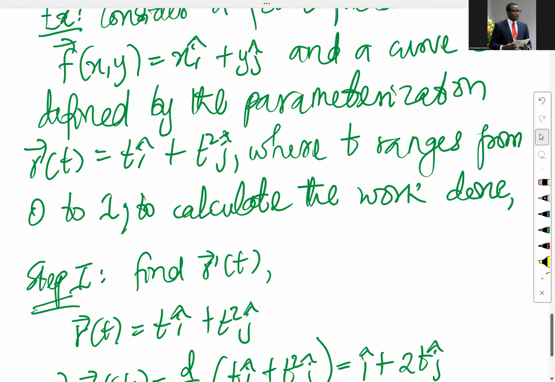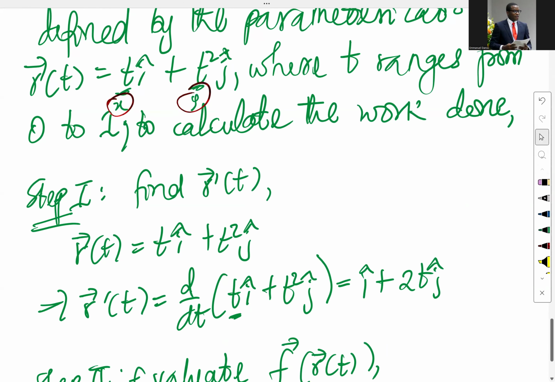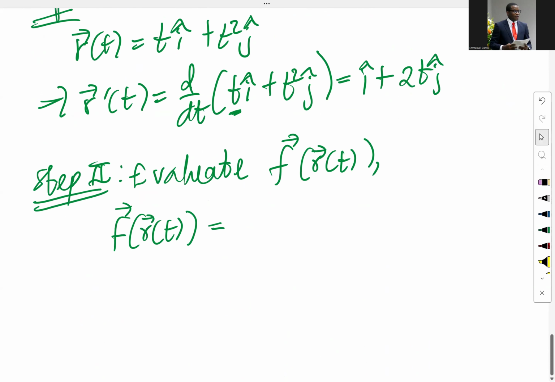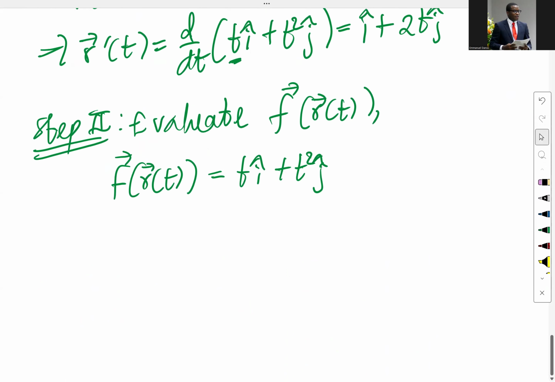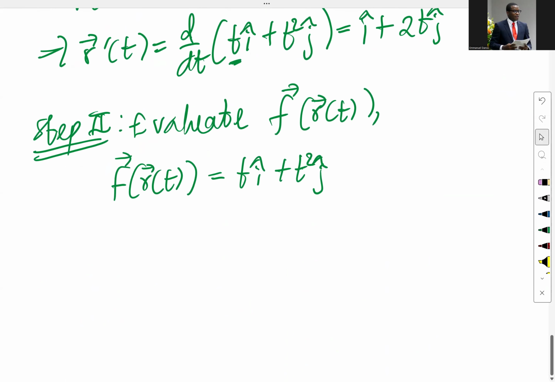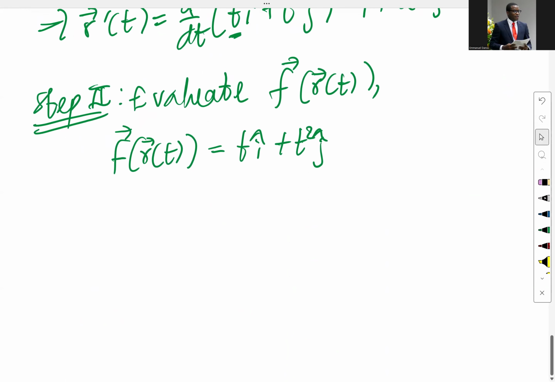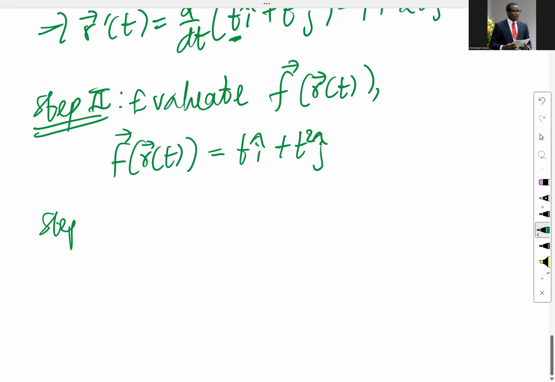And from the position vector, this is as good as x, and this is as good as y. So we just have exactly that. So f of r of t will simply be ti plus t squared j, just like what we have right there. So the next thing is step three.